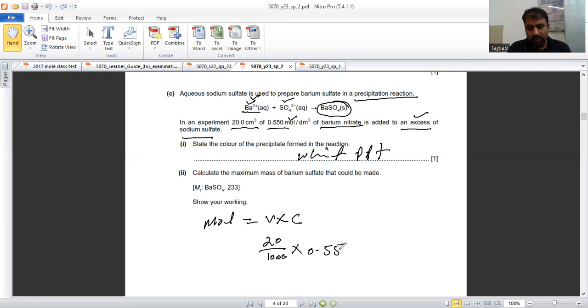Now we calculate: 0.02 multiplied by 0.55 gives the answer 0.011. So the moles of barium nitrate are 0.011.